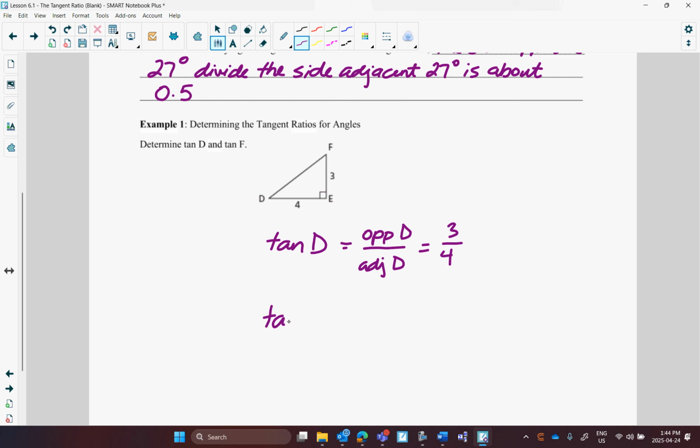What's the tan of angle F? 4 over 3, the reverse. And that's it. You're done.